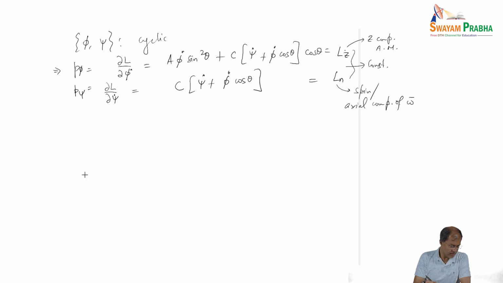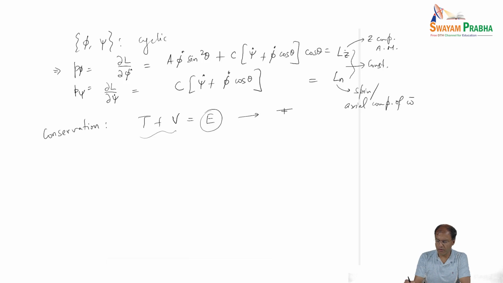Okay, so if we were to write the conservation principle, we see that T plus V, the kinetic plus potential energy, is the total energy. Similarly, instead of the Lagrangian, we can write the Hamiltonian and set it equal to E. This is a conservative system, only weight is acting, so I am not writing it out, but this is straightforward.